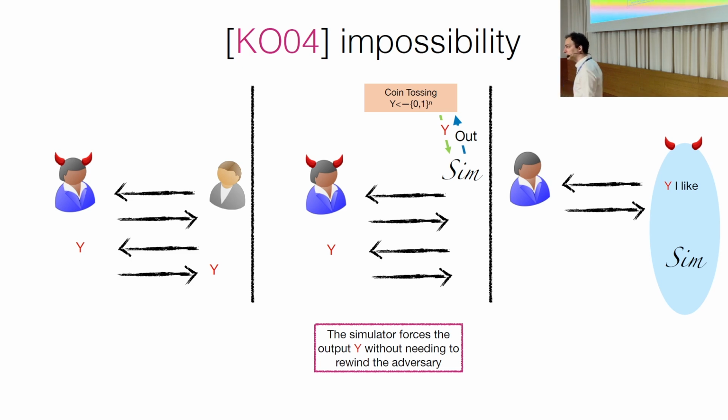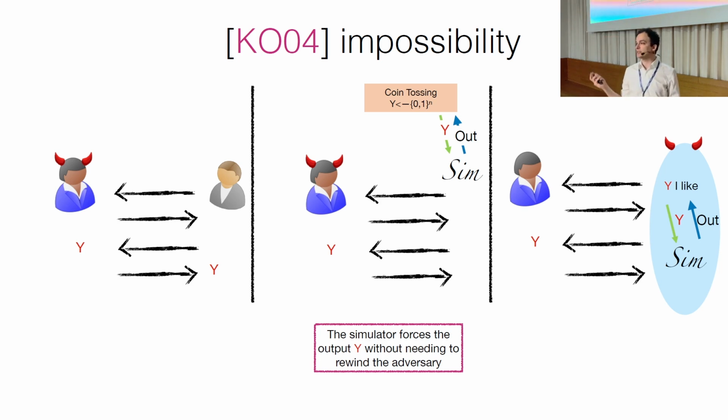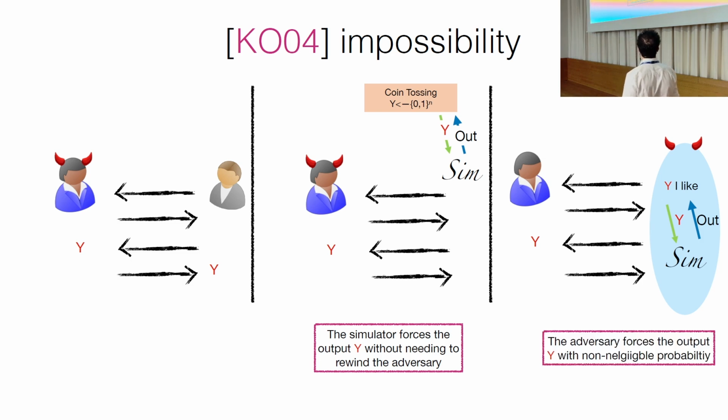Okay? So the adversary will do that. And the simulator, by definition, is able to force this output to Alice. And this means that Alice has received an output which is biased, because the adversary will not pick a uniformly random string. The adversary wants to bias this process. Okay?